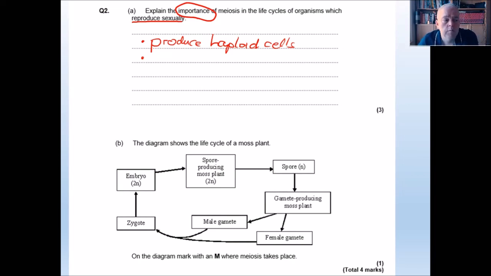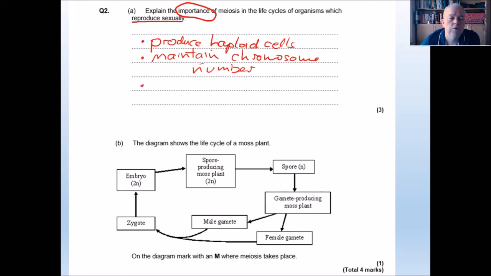It can ensure that we can maintain the chromosome number in each generation, when those haploid cells fuse. So we can get back to that diploid number after sexual reproduction has occurred.